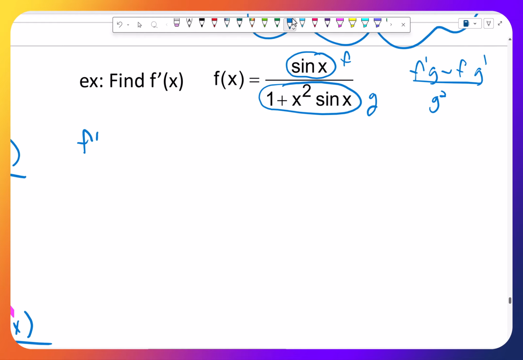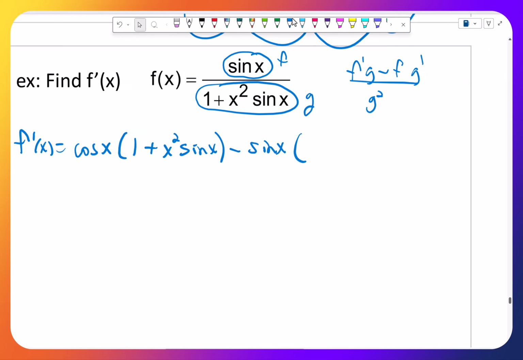So F prime equals the derivative of F, the derivative of the top thing, which is cosine. I copy and paste the bottom thing. Minus. Okay? So then I copy and paste F, so sine, times, I'm going to take the derivative of the denominator.